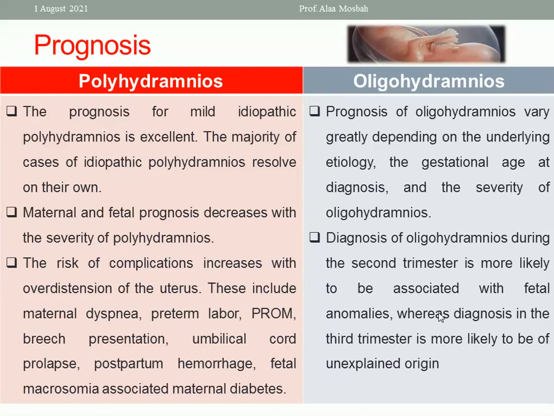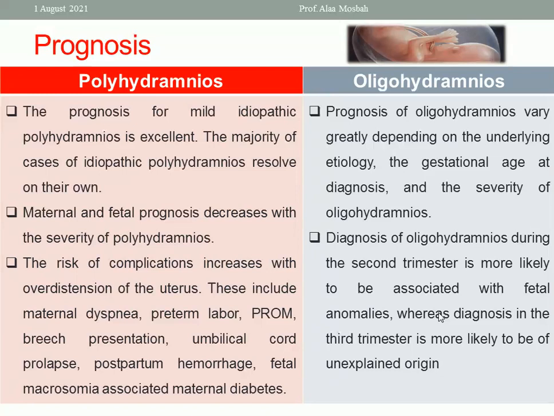As regards uterine distension, it causes dyspnea and discomfort to the mother, may precipitate early labor, premature rupture of membrane, malpresentation like breech presentation, umbilical cord prolapse, postpartum hemorrhage, fetal macrosomia, and the associated maternal diabetes.